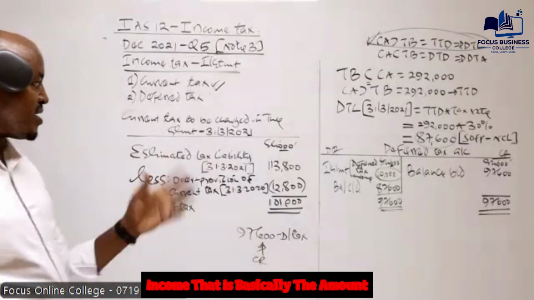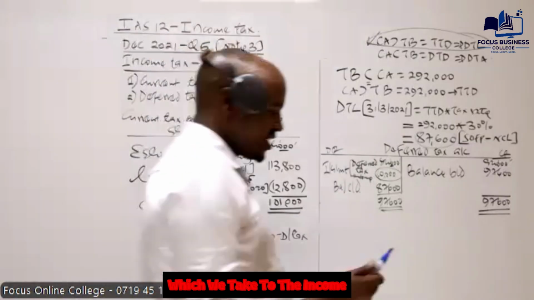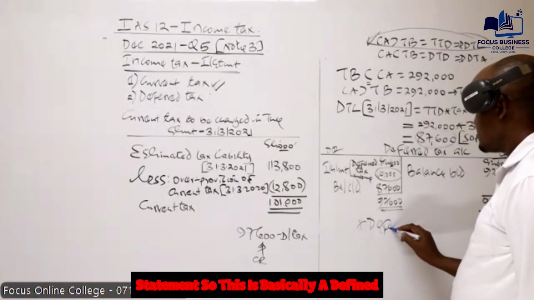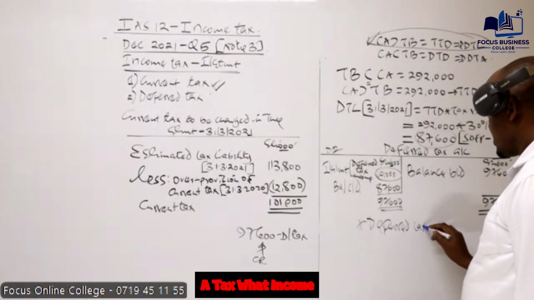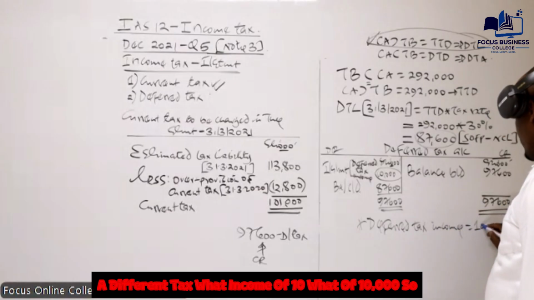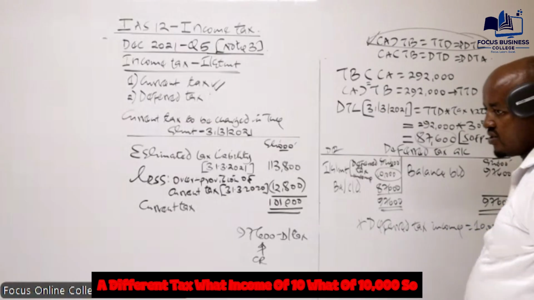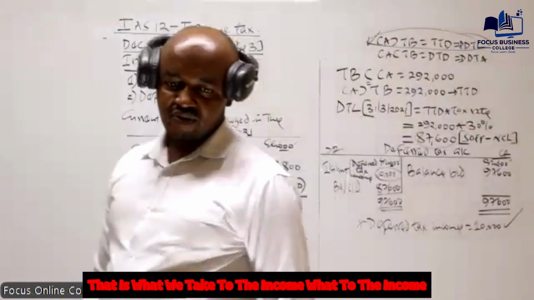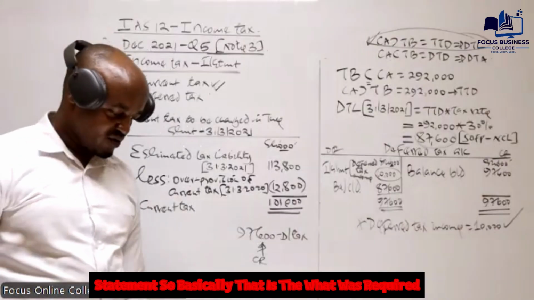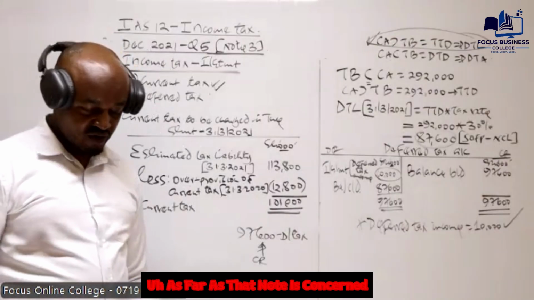That is the amount we take to the income statement. So this is a deferred tax income of 10,000, which is what we take to the income statement. Basically, that is what was required as far as that note is concerned.